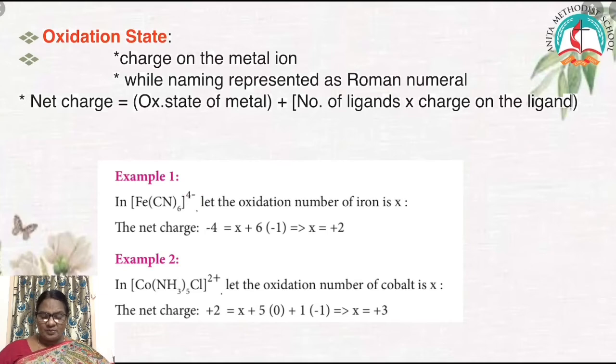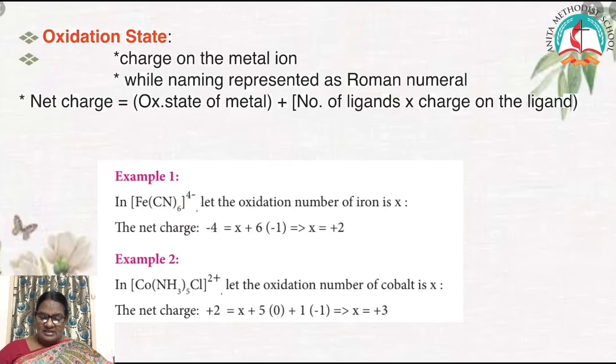Now let's substitute the values. -4 is equal to X, where X is the oxidation state of the central metal ion whose oxidation state I am calculating, plus 6, the number of ligands. As I told you, each cyano ligand has -1, so it will be X - 6. Take 6 to that side. So it will be plus 6 and minus 4, which is plus 2.